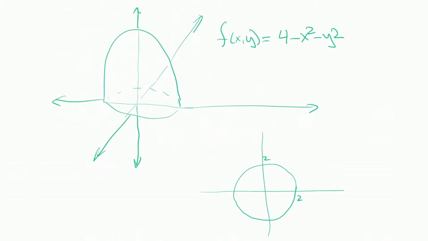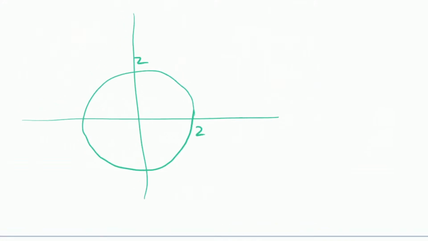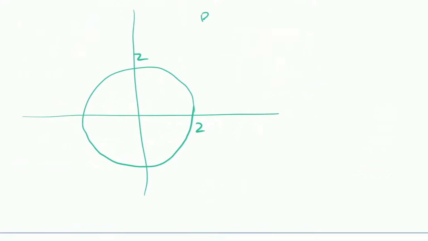So, think about what this would mean. Looking at this in terms of rectangular coordinates, let me just show you the difference. In rectangular coordinates, you'd have to say, okay, y is between, let's see, what's the top? It's going to be the square root of 4 minus x squared, and negative square root of 4 minus x squared, and then x goes from negative 2 to 2.